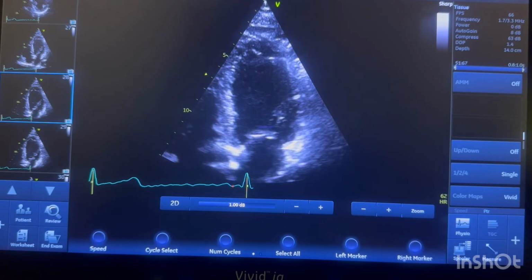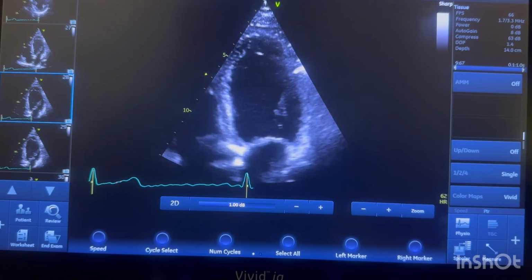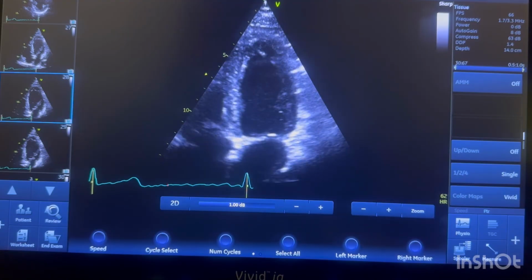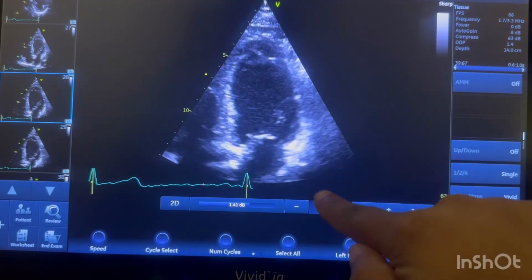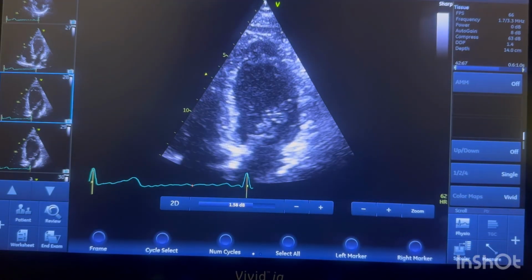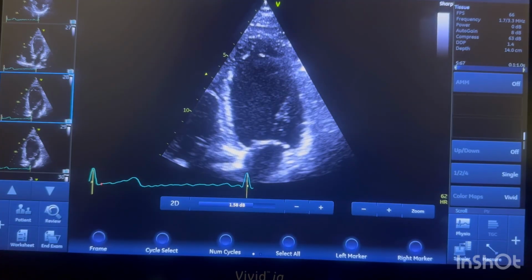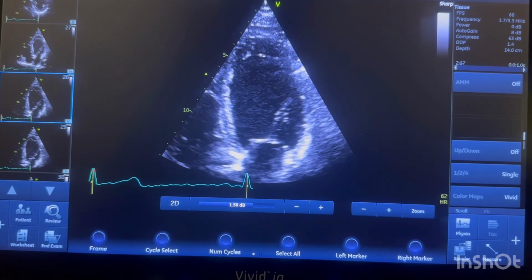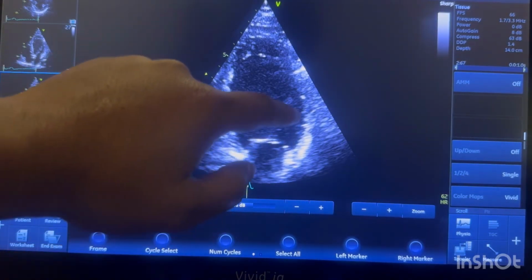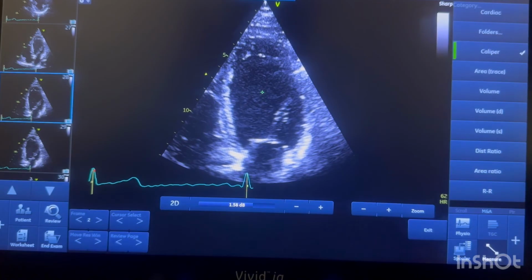Usually when you are going to do the LV volume, I would suggest you increase your gain slightly just to see it better. Freeze it, go to the end diastole where your LV is fully open. You should exclude the trabeculations. These are the trabeculations, just exclude them.